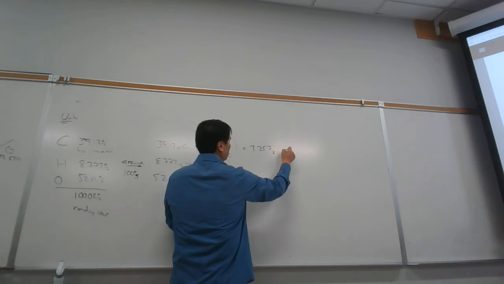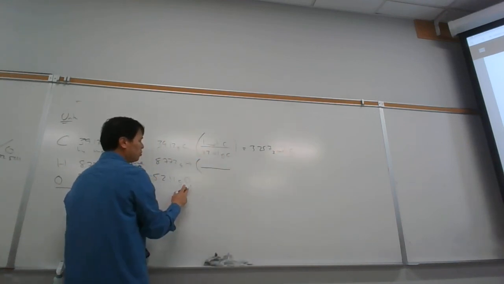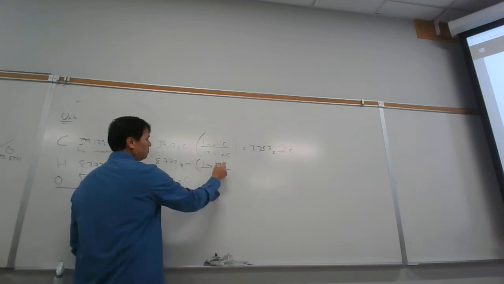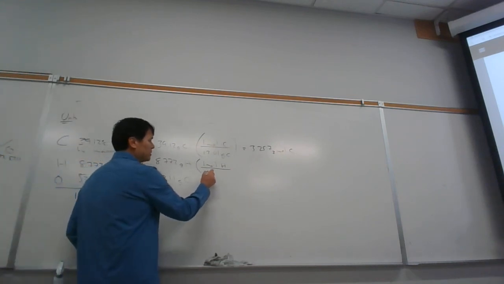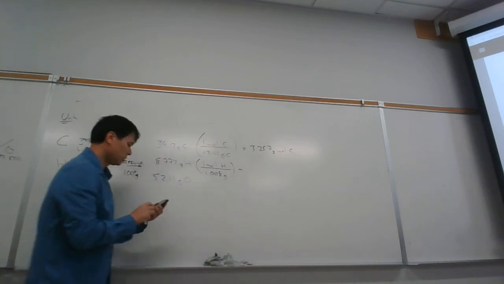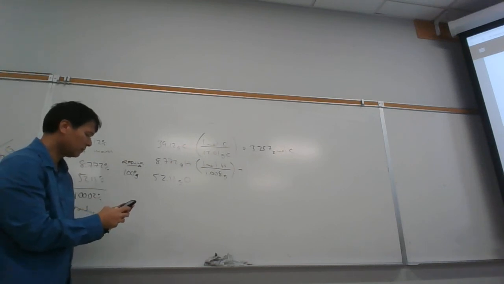2 moles of carbon. Hydrogen, here, should I use 1.01 or 1.008? So 1 mole of hydrogen weighs 1.008. Yeah, I should use 1.008 because that will retain 4 sig figs. And so I'm going to do 8.772 divided by 1.008.